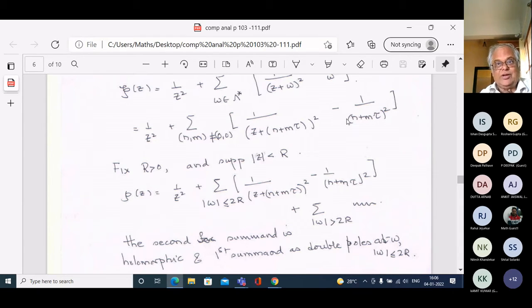There's no problem. You're taking a sum of analytic functions which is summable, and there are no zeros there and no poles there. So the second term is holomorphic, and the first term has zeros of order 2 at each lattice point.